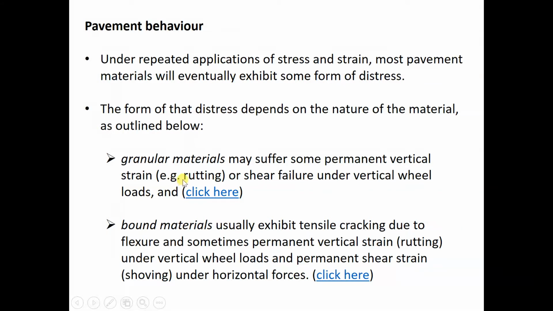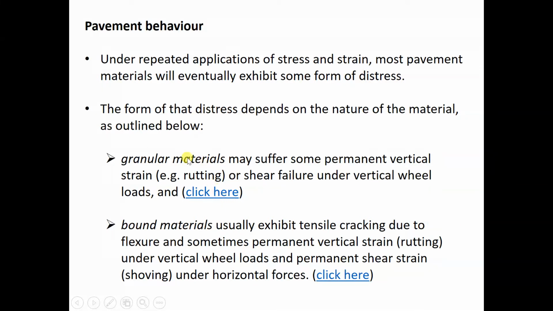The subgrade is a granular material, and the pavement which is unbound is also considered granular material. Bound materials are anything that is added with bitumen or cement or cementitious material.